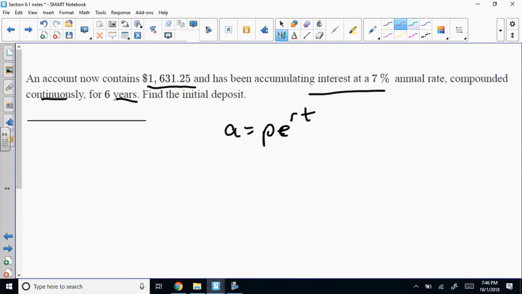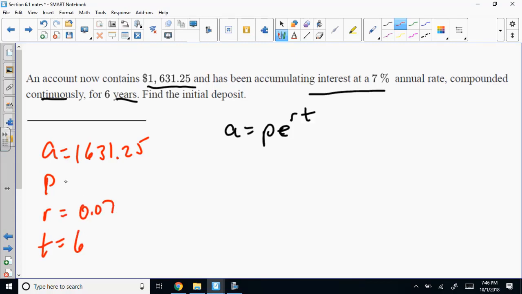So they've given us the ending amount, they've told us what the rate is, and what the time is. They want to know how much we started with. You go, well, I just keep punching numbers in there until I get there. No, there's an easier way to do it.